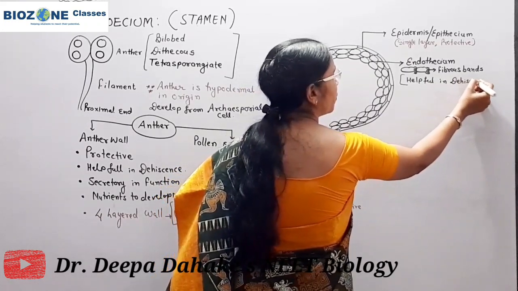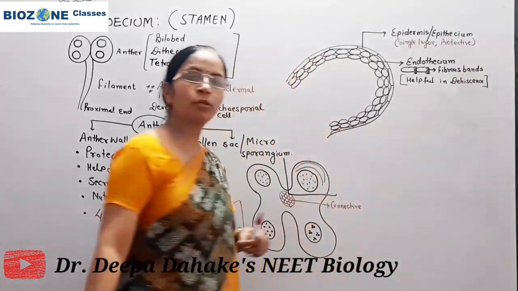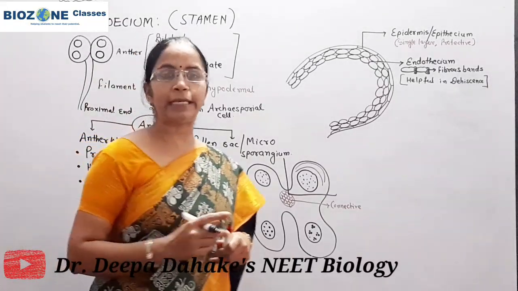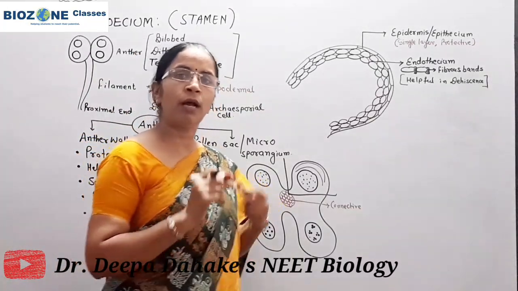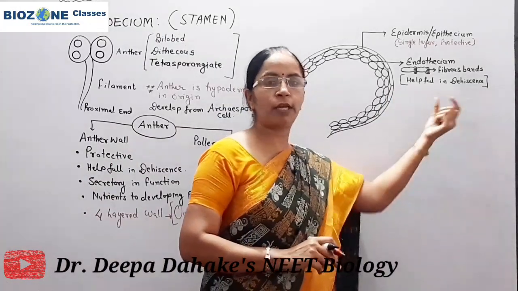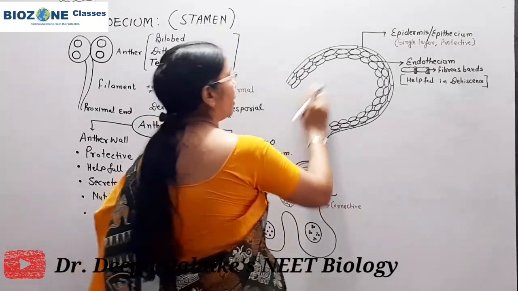So the endothecium is two layers thick, fibrous bands are present in the adjacent walls, and because of these fibrous bands, the layer is helpful in the process of anther dehiscence and release of pollen grains.